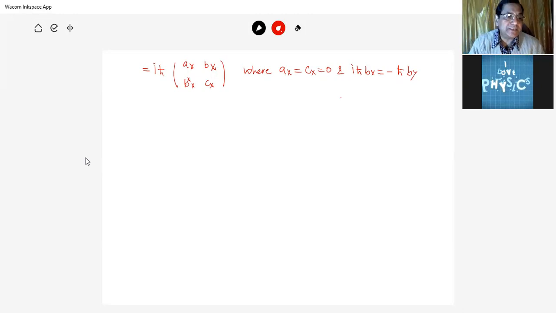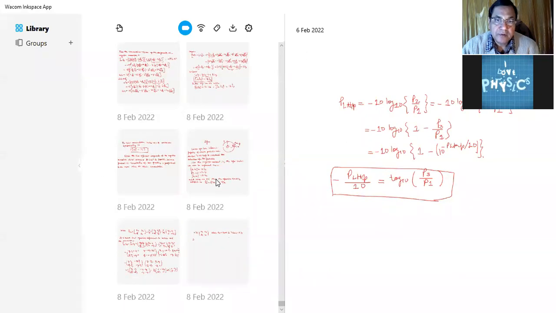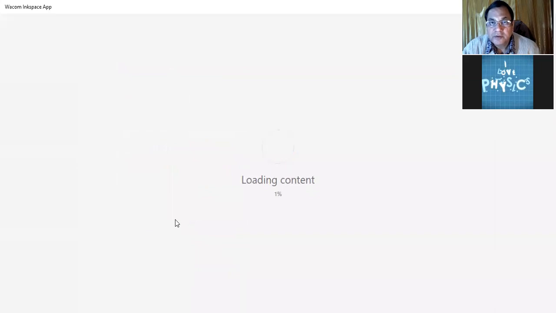So this value is Sx. You can say, from the previous slide, that this is Sx Sy minus Sz Sy.